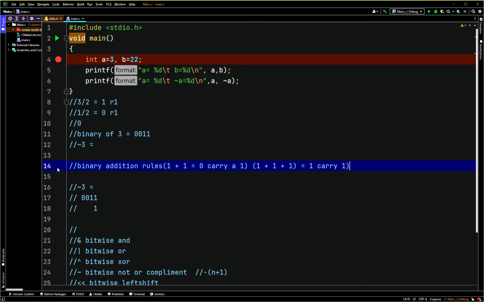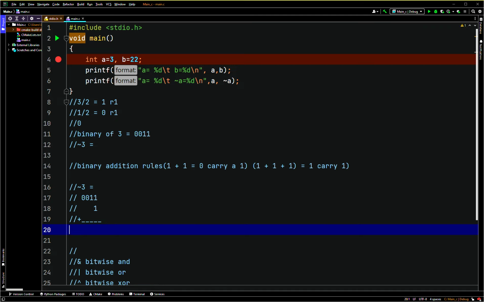So here we have a 1 plus 1, like we're adding this. Okay, so we have 1 plus 1, that's going to be a 0, carry a 1, so I'll just make another row here and call it carries.